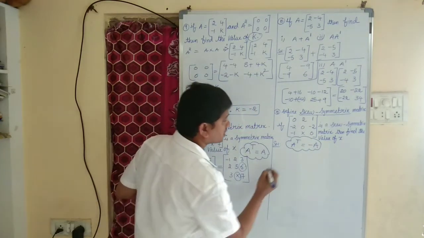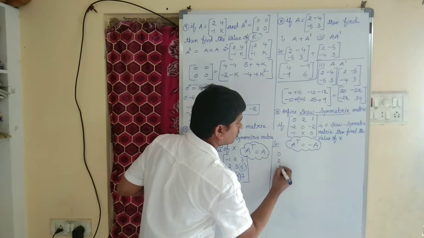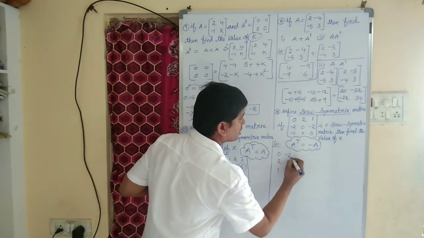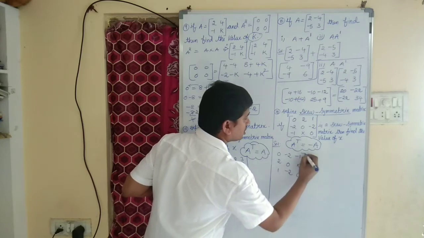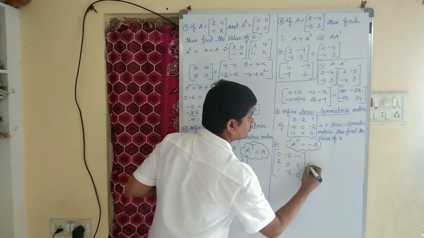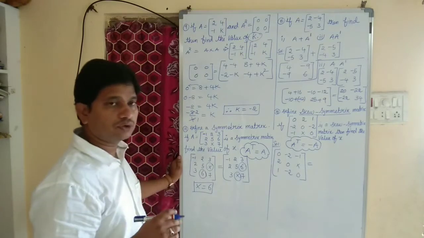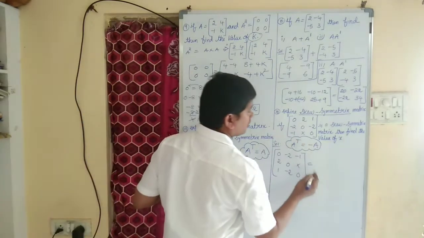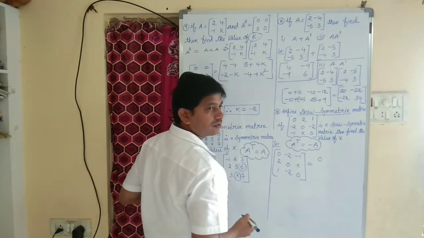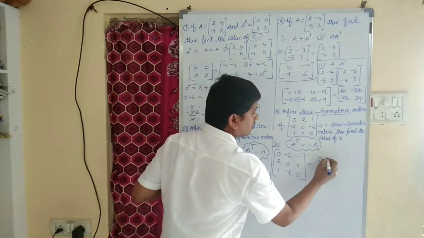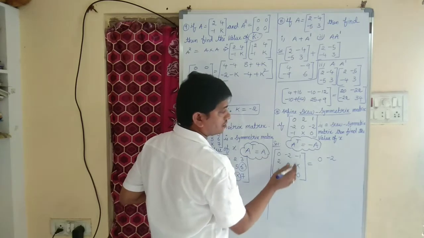Let us transpose the given matrix 0, 2, 1; minus 2, 0, minus 2; minus 1, x, 0. This is our A transpose equal to minus A. I mean minus 0, 0 is neither positive nor negative, it will become 0 only. This will become minus 2.